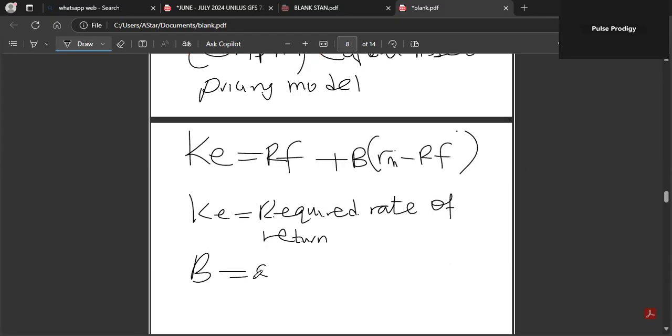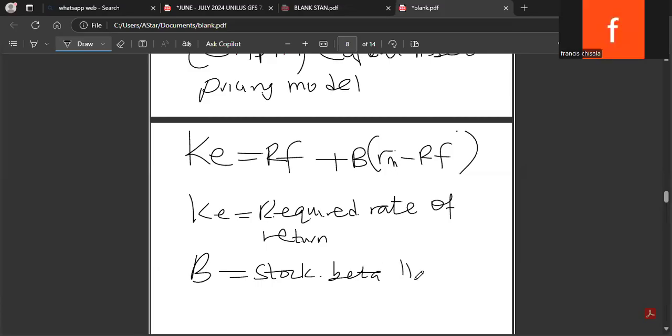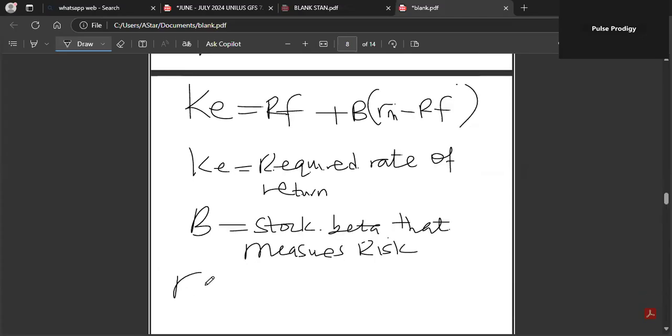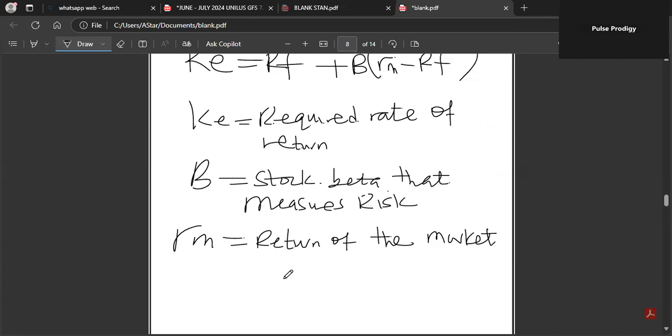Beta is the stock beta that measures risk. RM is the return of the market. RF is the risk-free rate.